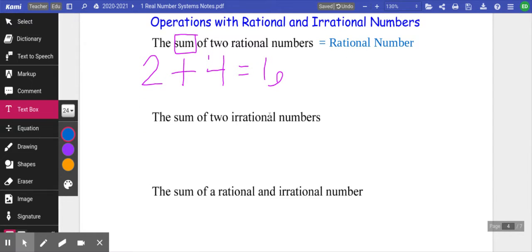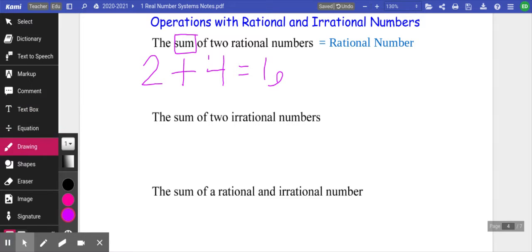Here, the sum of two irrational numbers, because again, sum means add, would be like me adding pi plus pi. Again, I'm going to do this in my calculator because I'm not really sure what I would get. The pi is in blue right here, and anything in blue, we have to hit second to access.